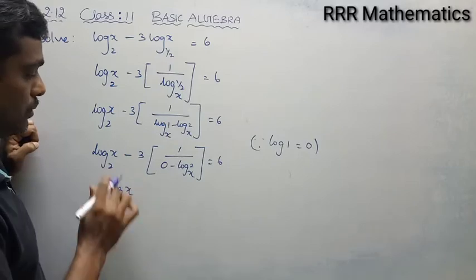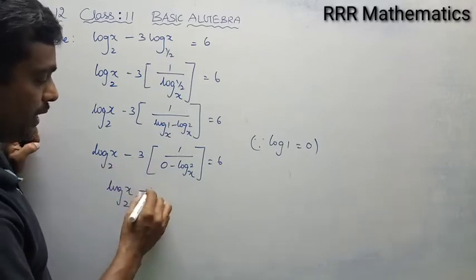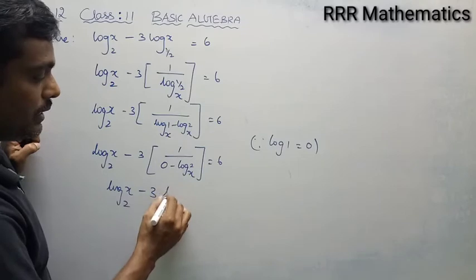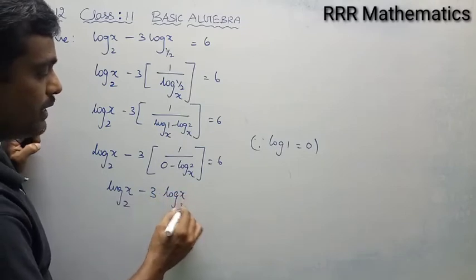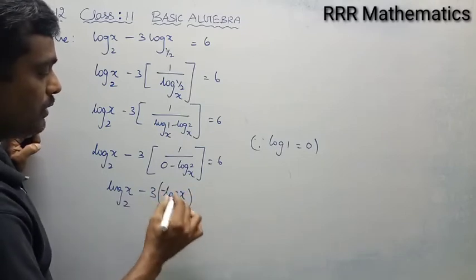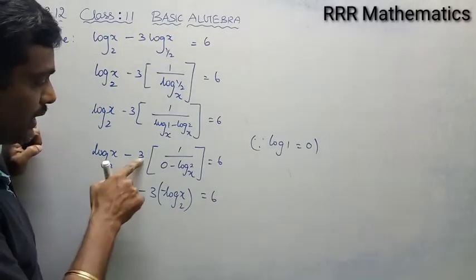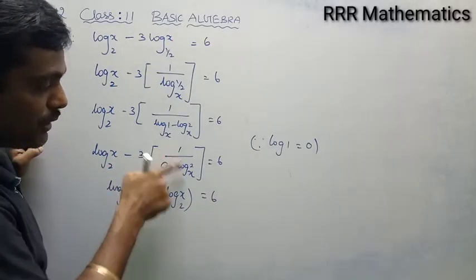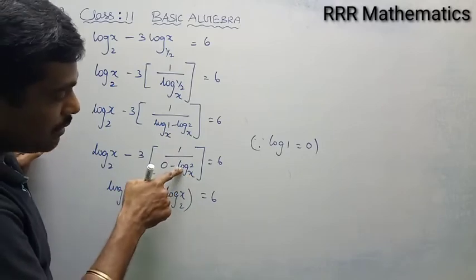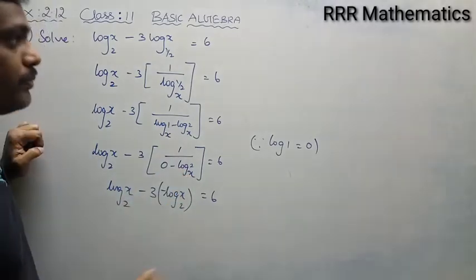Log x base 2, minus 3, when it comes to the numerator, you have to interchange again. It will be log x base 2.